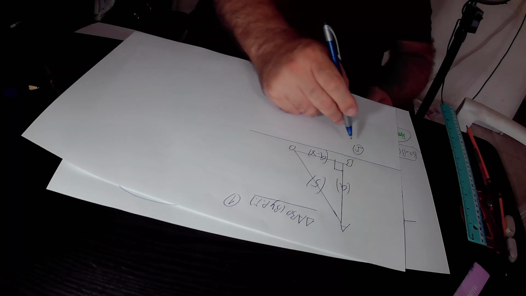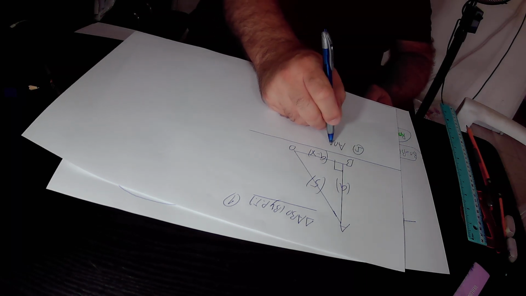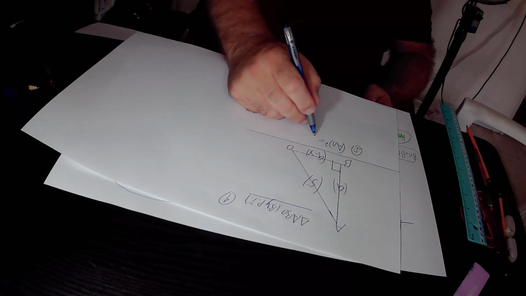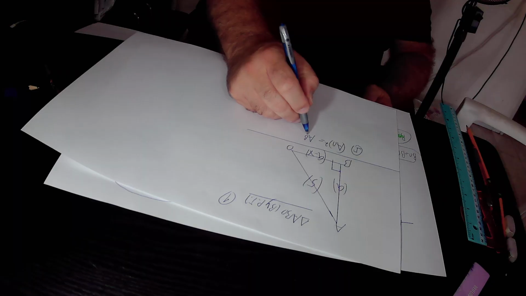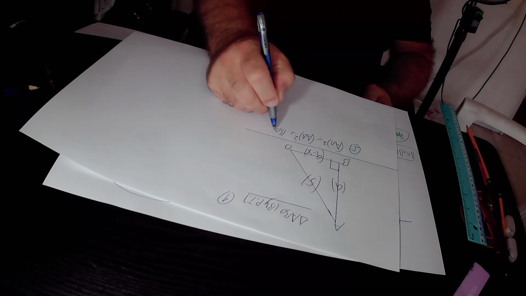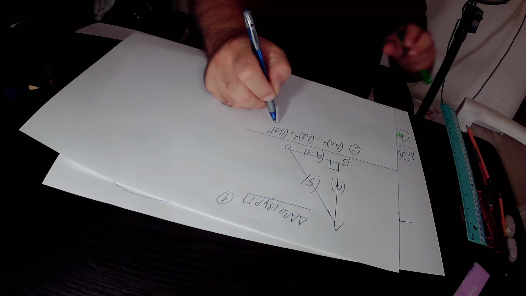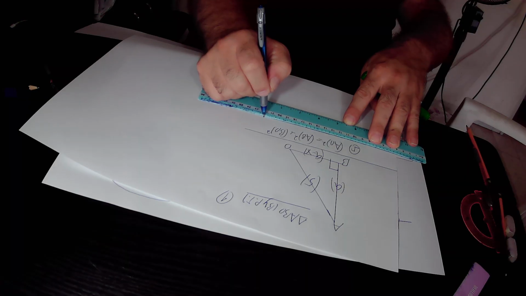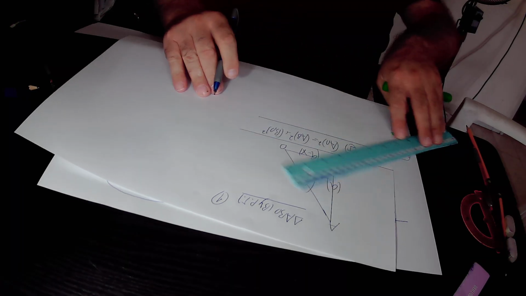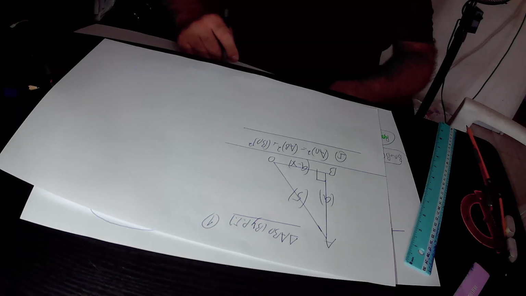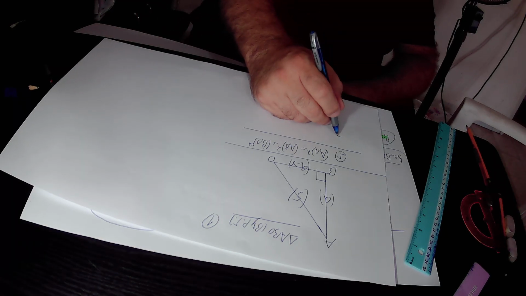So AO squared, that is the square of the hypotenuse, is equal to AB squared plus BO squared. The hypotenuse AO equals 5 units in length, therefore AO squared is 5 squared, that is 25.